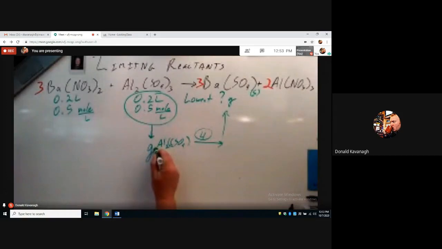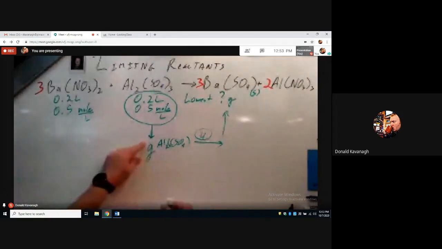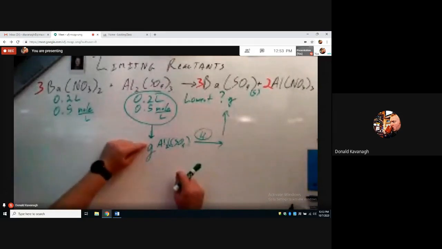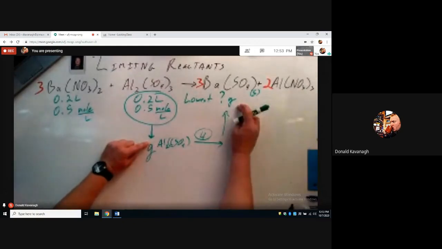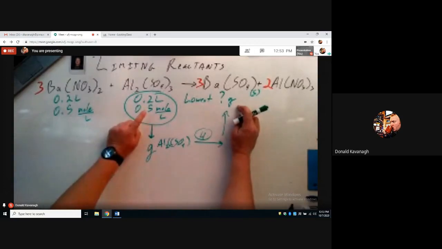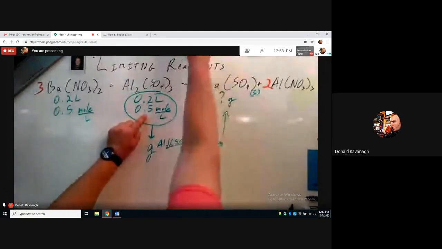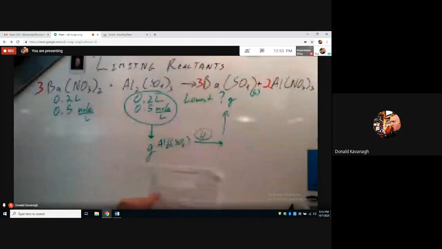From here, we want to try to get to grams. So to get to grams, we can start with our periodic table, because what I want to note here is that we want to start with grams of aluminum sulfate and figure out how many grams of barium sulfate could be produced. So let's start with some of these numbers here. And we're going to start with the molecular weight of aluminum sulfate off the periodic table.